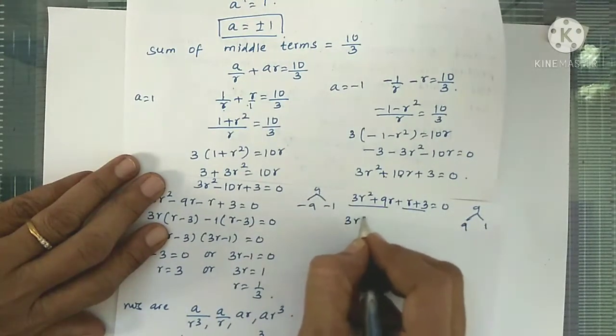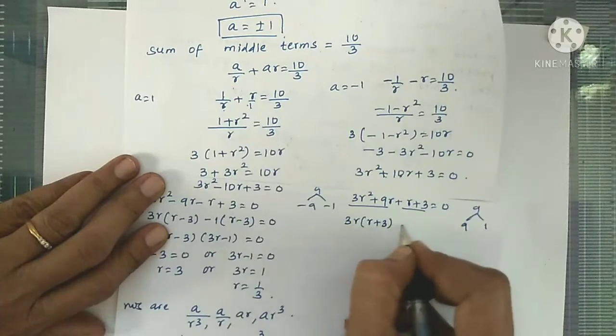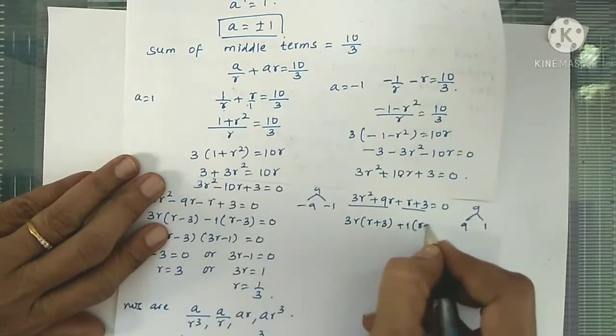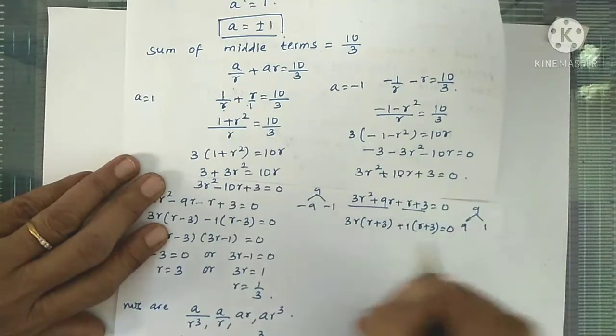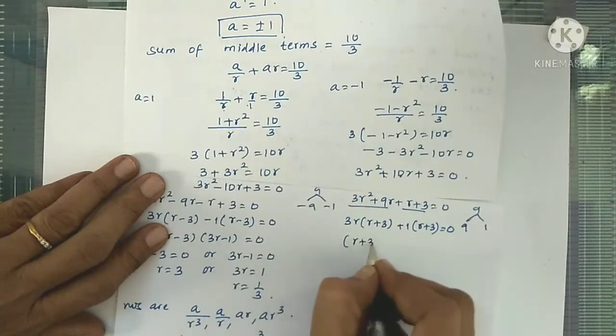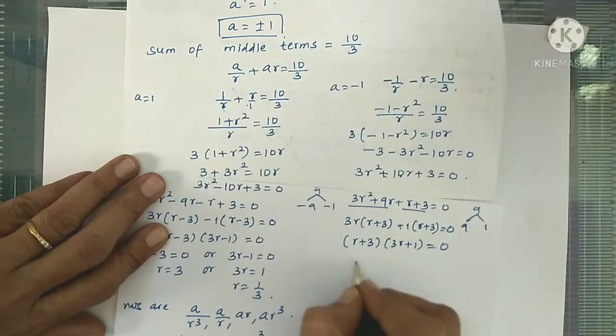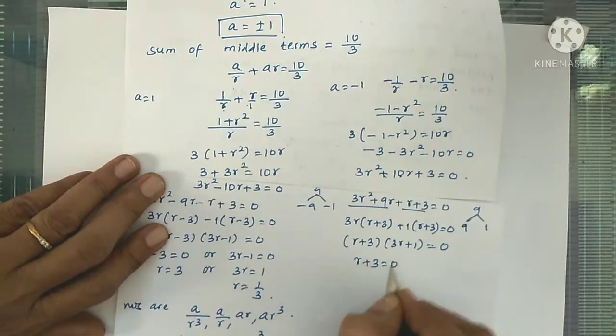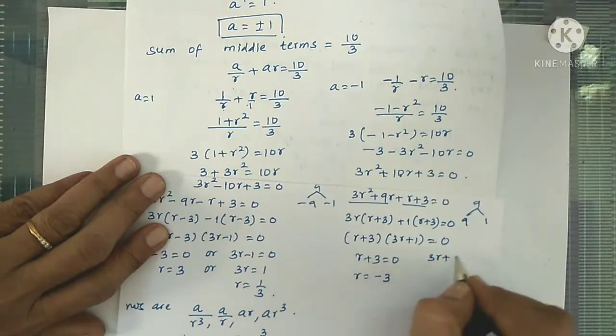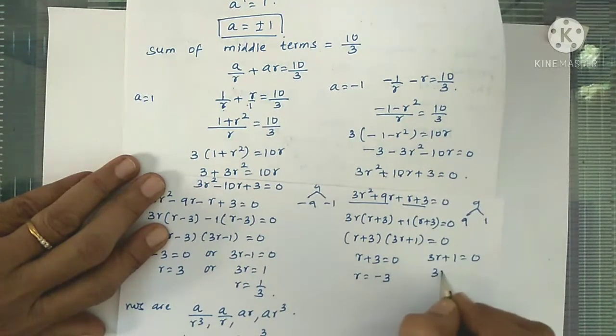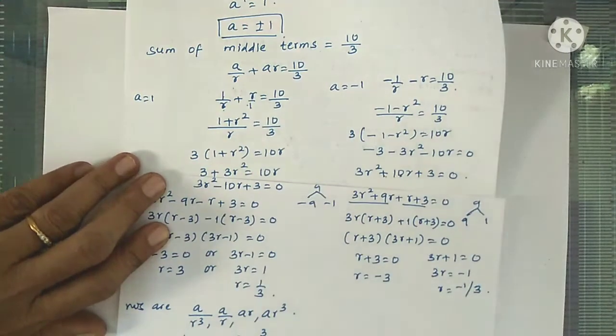Taking 3r common, (r + 3). Taking 1 common, (r + 3). So (r + 3)(3r + 1) = 0. Now r + 3 = 0 gives us r = minus 3. And 3r + 1 = 0 gives us r = minus 1/3.